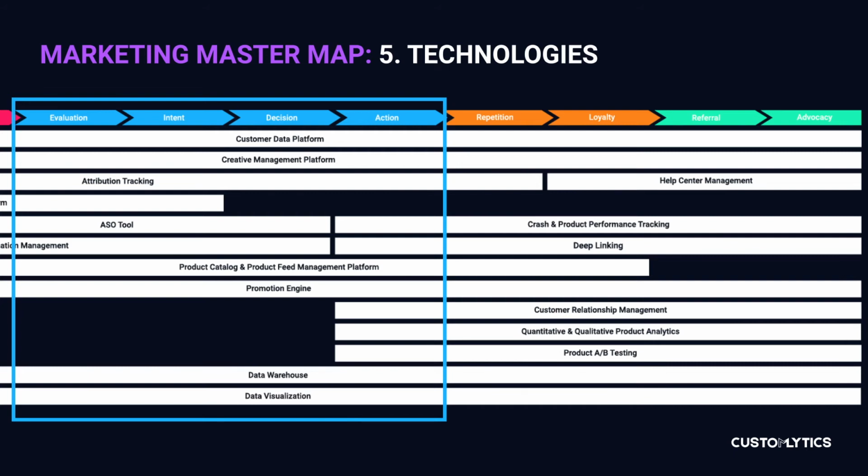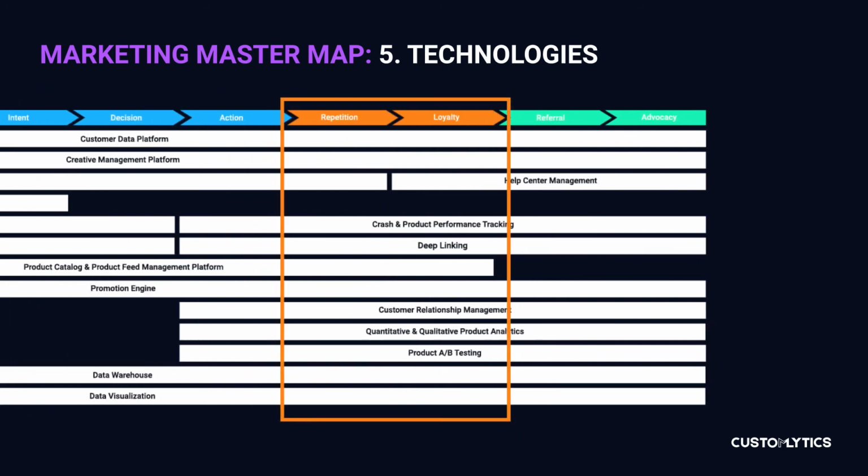So now CRM, customer relationship management tools become interesting. Product A/B testing also becomes interesting, of course, only from the time when a user is actually using the product. Before that, there's nothing to A/B test realistically. Deep linking becomes important, and some of the technologies here really become relevant from the point that the user is actually making a transaction.